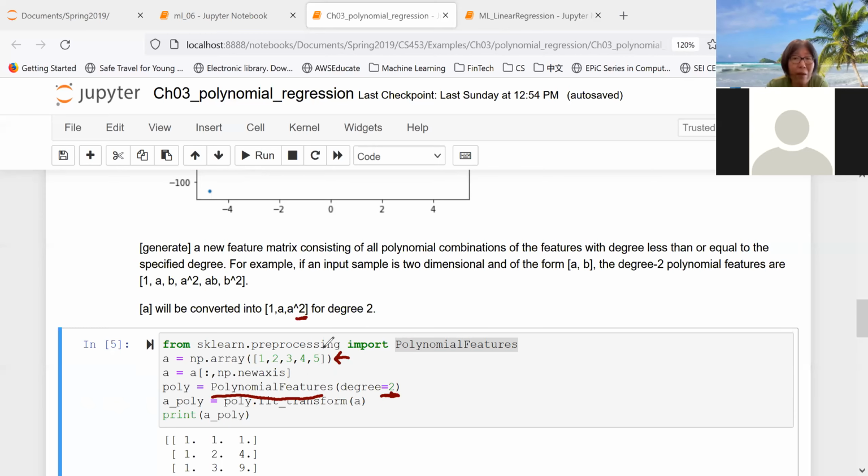After that, don't forget you need to transform. Then we have the polynomial: you have x, and you also have the x squared term.